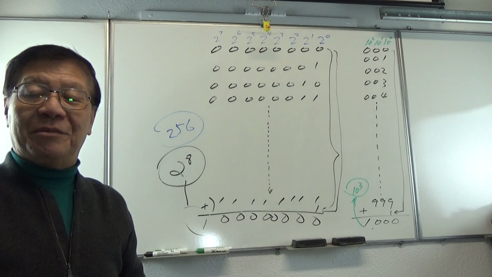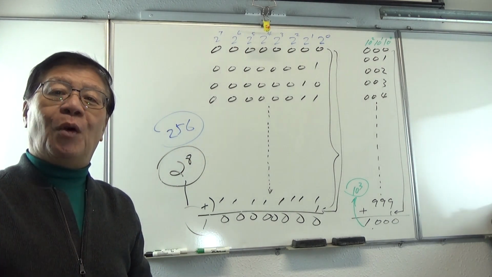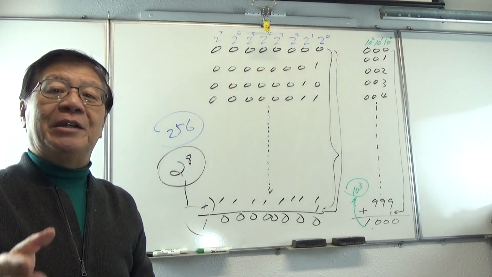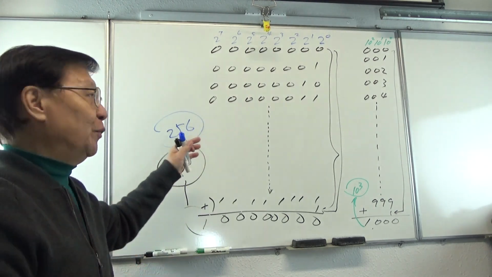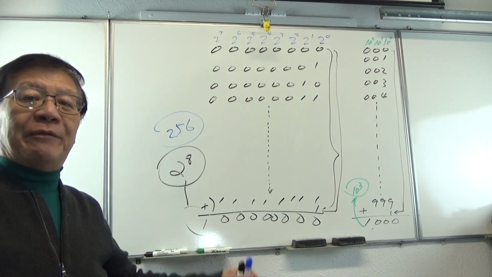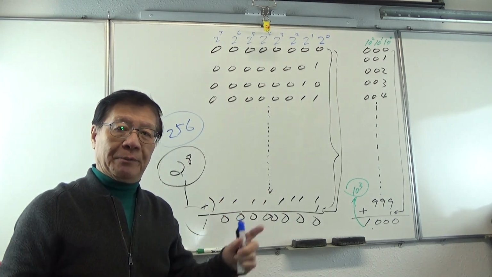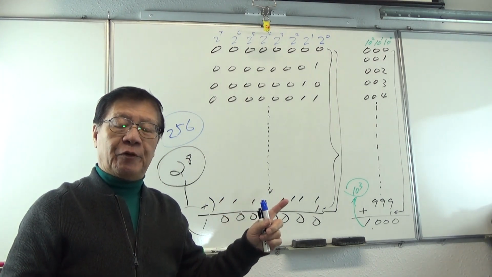Try it, count it: 1, 2, 4, 8, 16, 32, 64, 128, then move to 256. We have 256 numbers available in binary system for 8 bits.